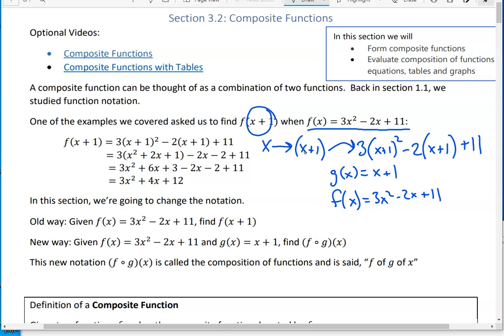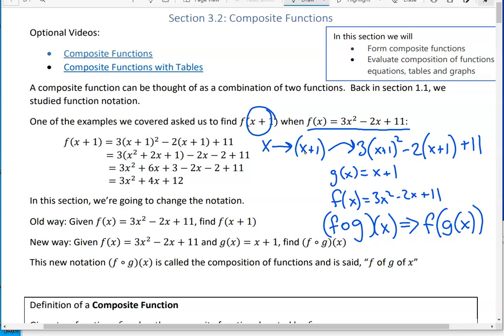I can say f dot, or circle, or composite f of g of x. We're not doing f times g, we're doing f composite g. Think to your mind, f of g of x.